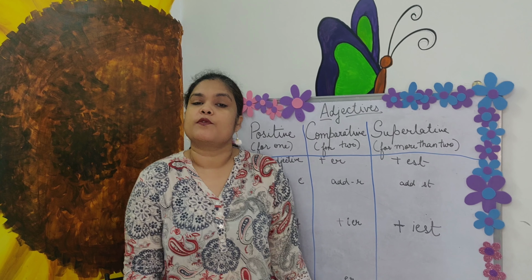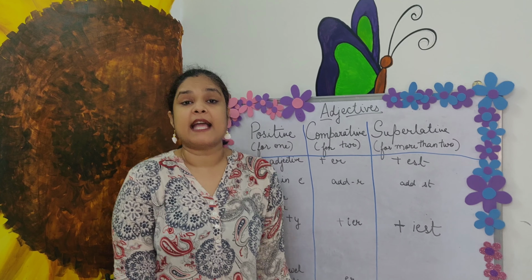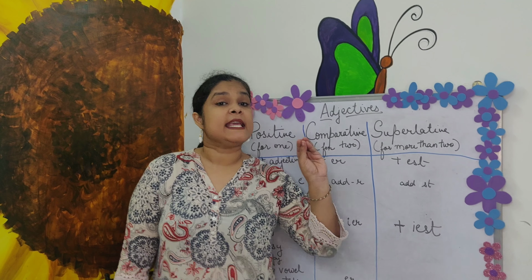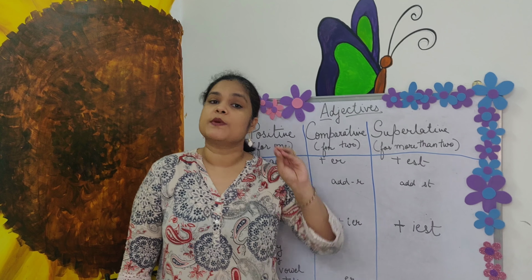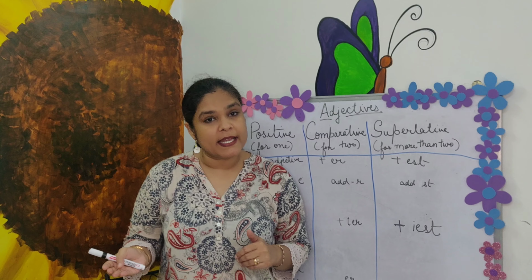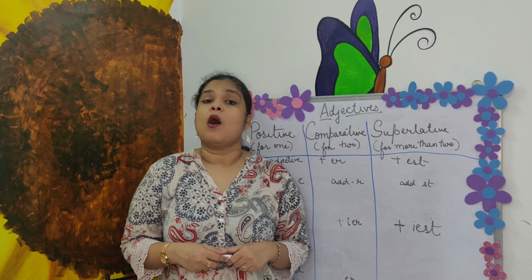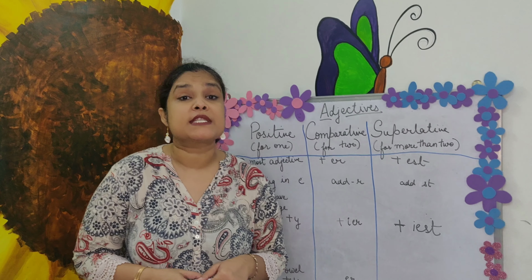Like we discussed a few examples wherein the first rule stated that in most adjectives we add an ER and EST. ER to its comparative form and EST to its superlative form. That made it easy, right? It was easier for us. Also, we learned about certain words where there are more than 2 syllables.